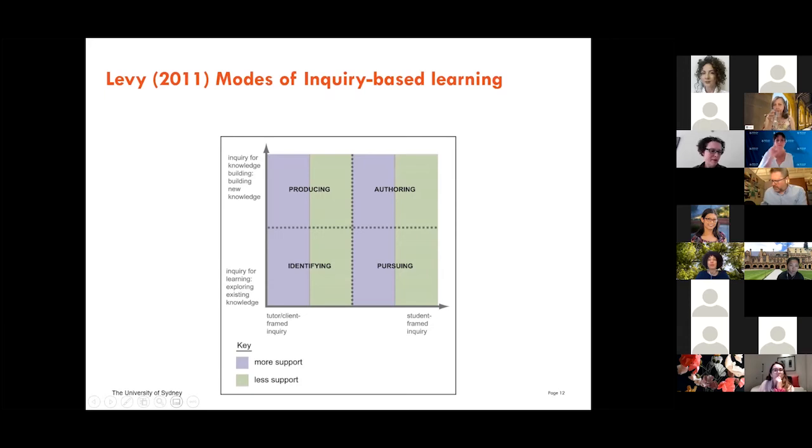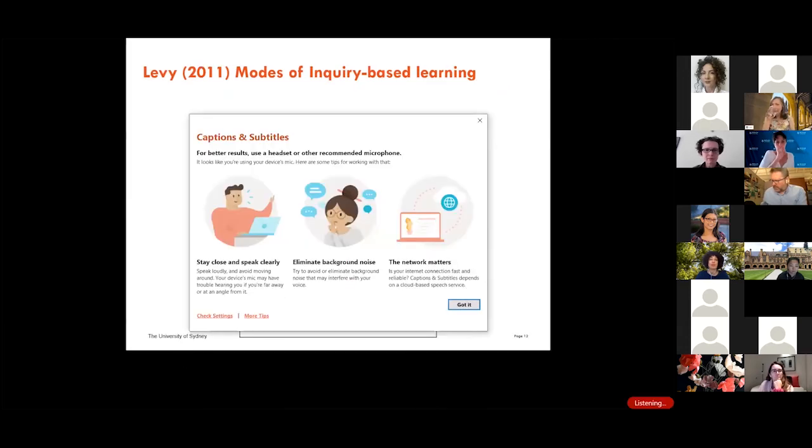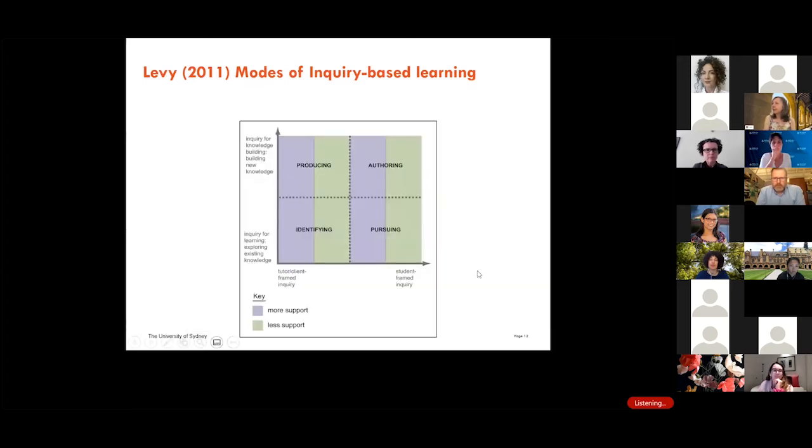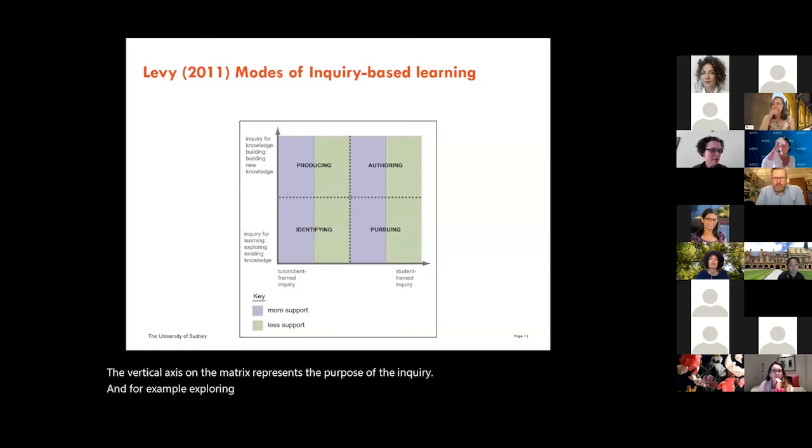So just to briefly orient you to the matrix. The vertical axis on the matrix represents the purpose of the inquiry, for example, exploring knowledge or generating synthesis.